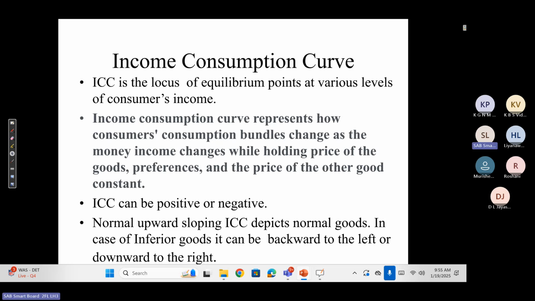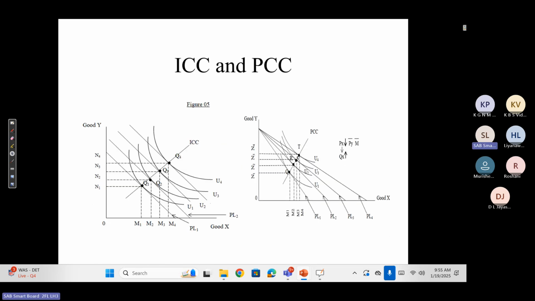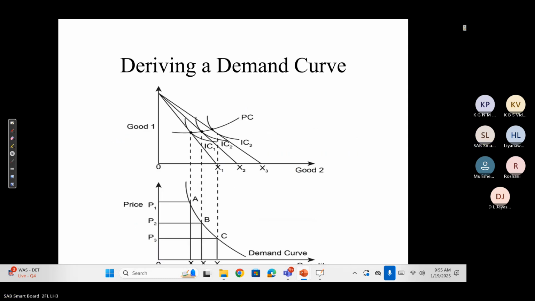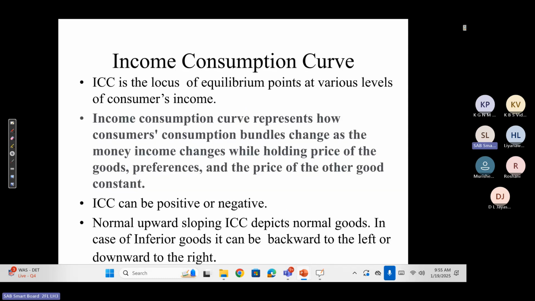Now, what is your idea about the slope of the ICC? Earlier we saw a positive, upward slope. Sometimes it is a downward, negative slope. It can be positive or negative. If it is positive, always increasing and upward sloping, that means it is a normal good.